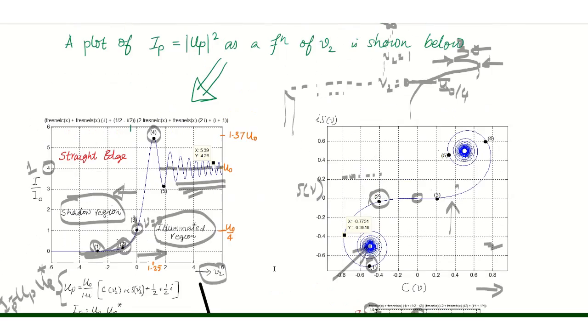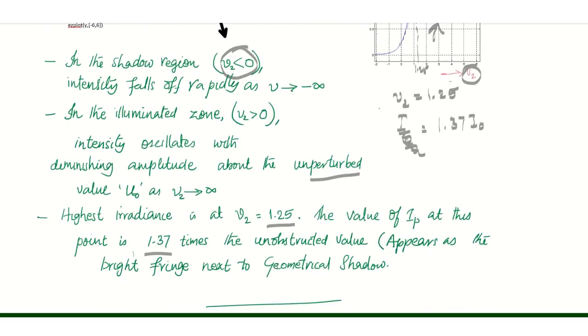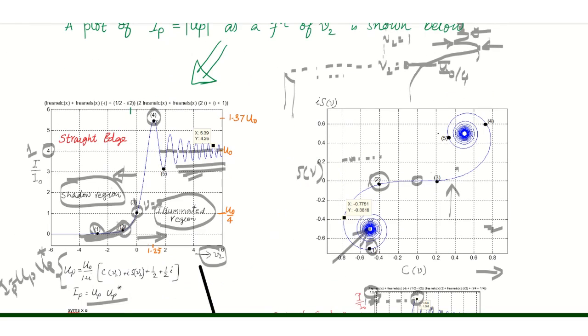Now, it wasn't easy to find the diffraction pattern like this when there were no computers, and the Cornu spiral method was very useful during that time.